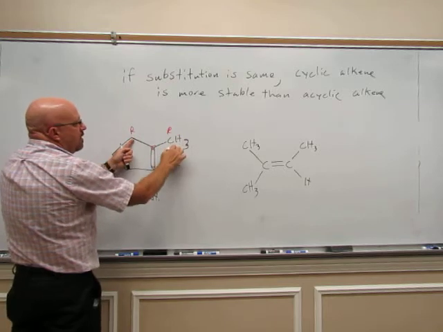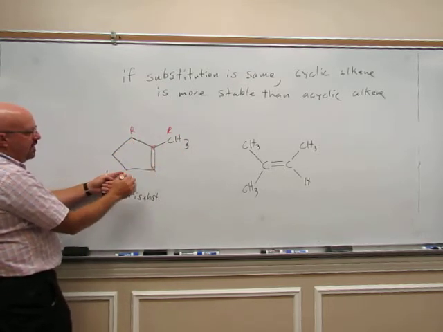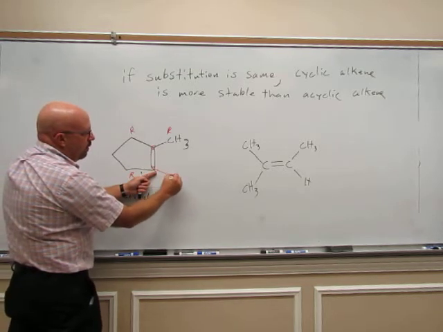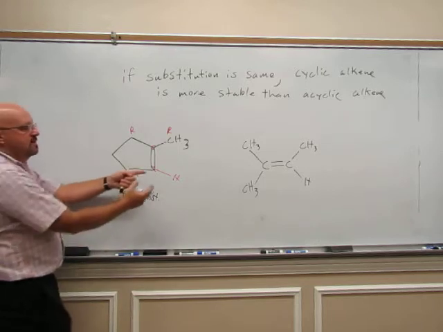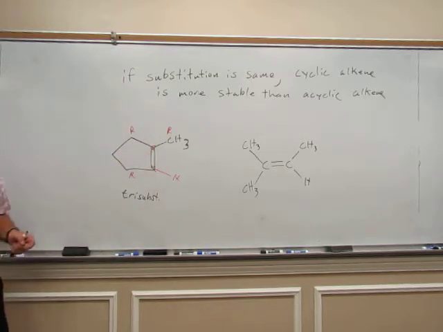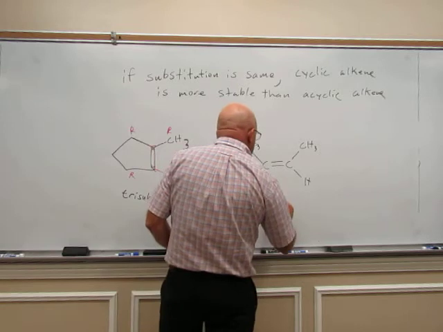Here you got an R, you got a CH3. Down here on the other carbon of the double bond, we have a CH2 on this side. That's our R group. And then on this side, not shown, there was a hydrogen. So that's not a substituent. This has got three R groups, three substituents. That's tri-substituted. The other one is also tri-substituted.